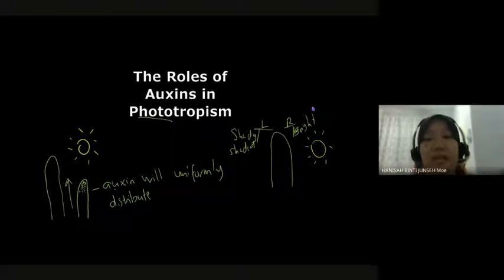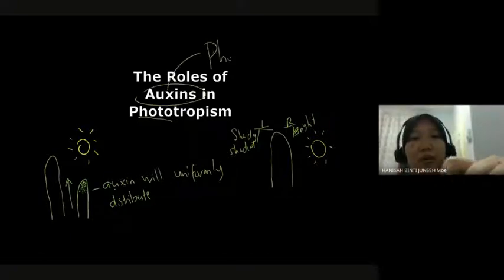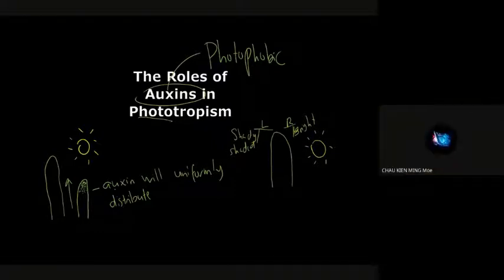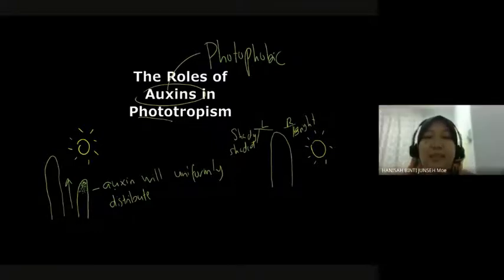Because auxin is photophobic. Apa maksud photophobic? Tidak suka sunlight. Yes, it doesn't like sunlight. So, bila tidak suka sunlight, this auxin will move away from the sunlight. It will go to the shady area, shaded area.